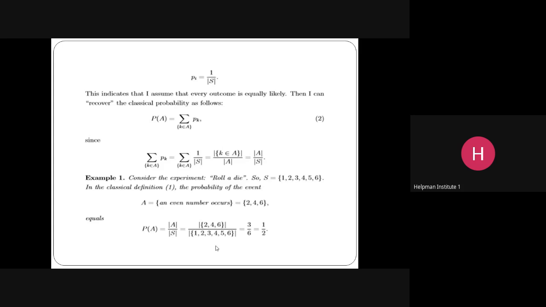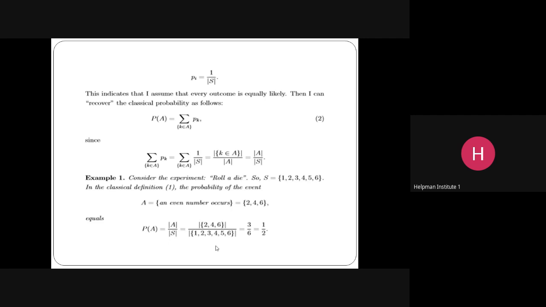So if our interest is the event A such that an even number occurs, which is either 2, 4, or 6, then from the classical definition of probability, the probability of event A occurring gives us what we have here. Remember, the absolute value of A means the number of times it occurs, all over the number of elements of the whole sample space.